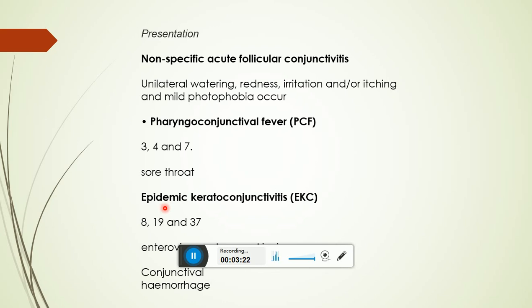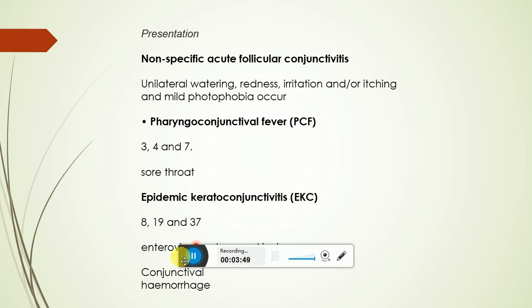The next clinical presentation is epidemic keratoconjunctivitis. It is caused by serovars 8, 19 and 37 of adenovirus, and it is the most severe ocular adenoviral infection, because there may be marked keratitis in 80% of cases and prominent photophobia.